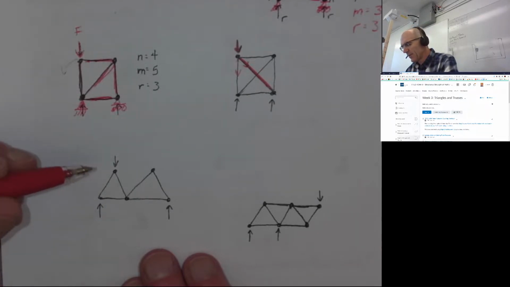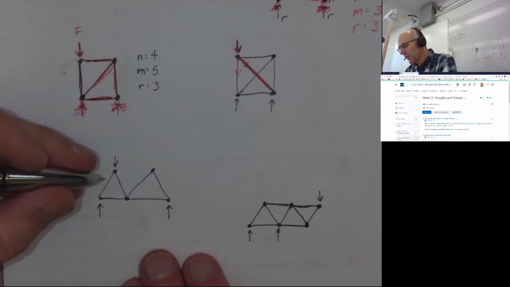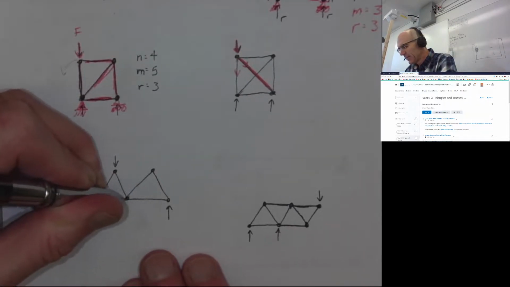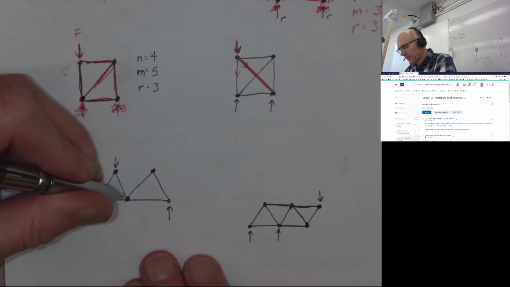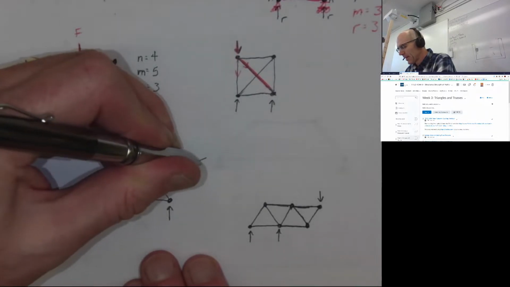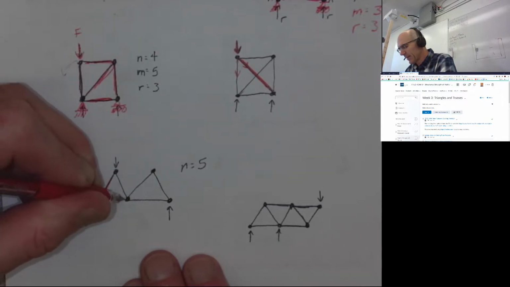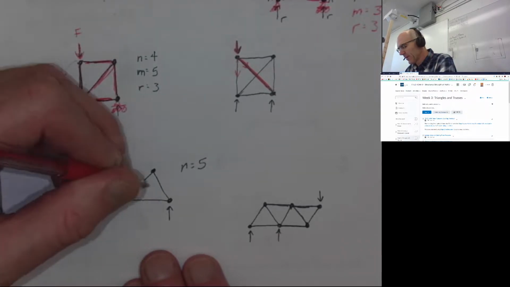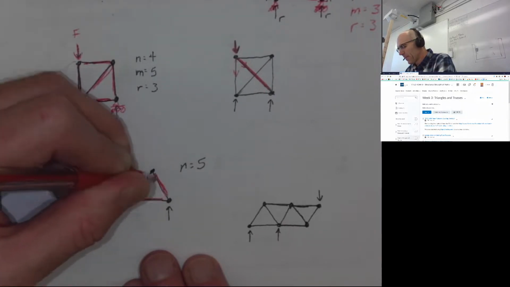Okay, so if you take a look at this one right here, count up the number of nodes, and we've got 1, 2, 3, 4, 5 nodes. Okay, and you can already see that it's not going to stand up. Like this triangle's great. There's 3 members right there, and there's 3 members right there.